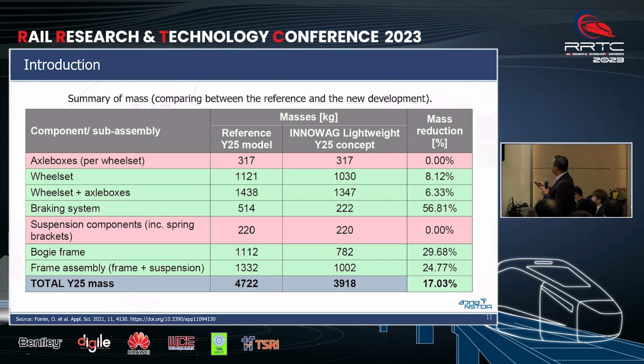If we use the modified one, the load can be reduced to below 4 tons. That's why we go with the modified Y25 bogie in our research.